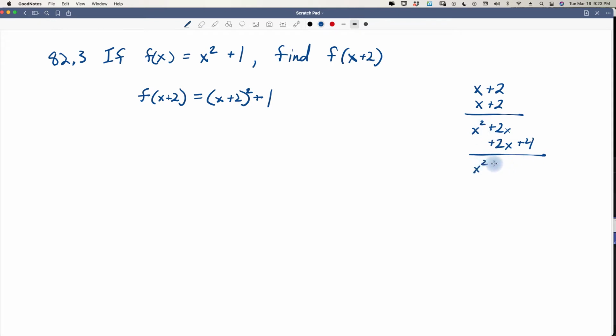And that's x squared plus 4x plus 4. Or you can use the FOIL method, which is the way that I learned as a kid. Either way, it's going to give you the same answer. I'll just show you here. First, outer, inner, last.